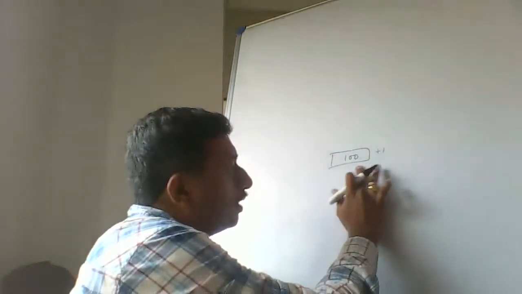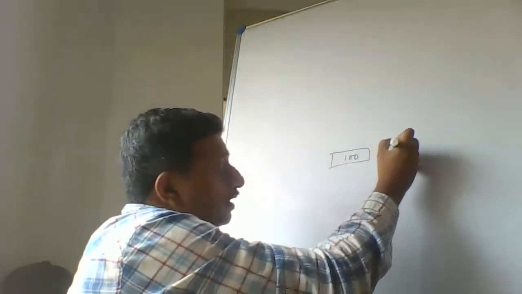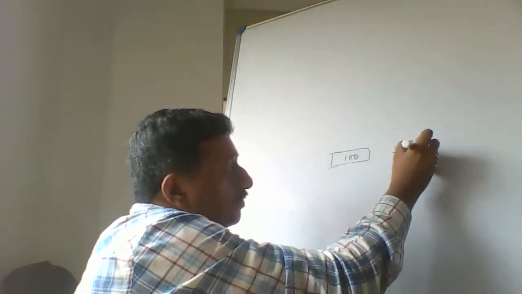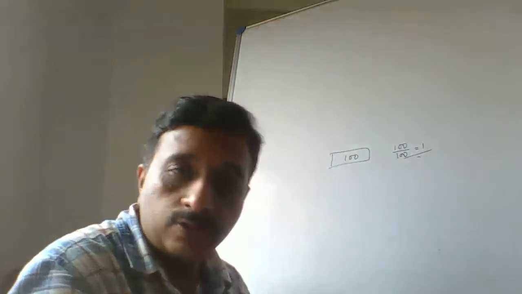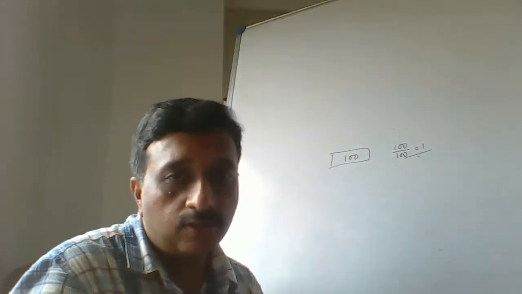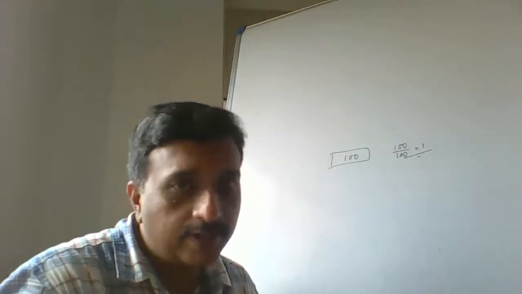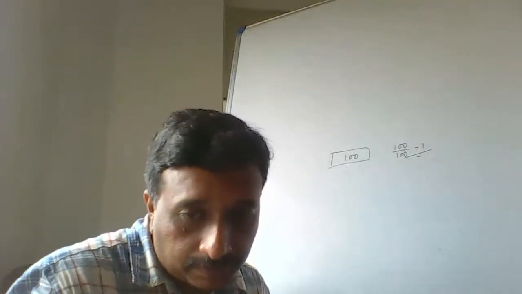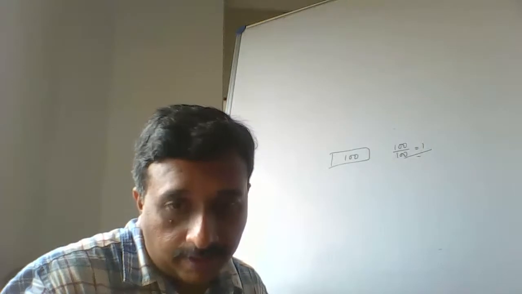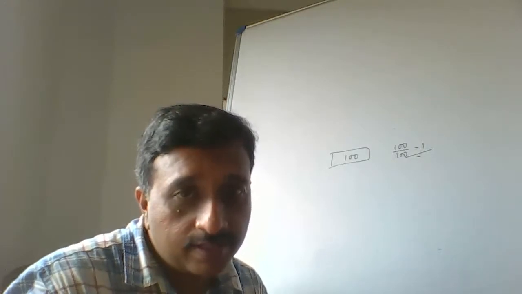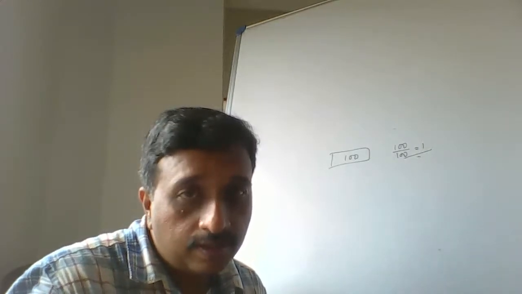So it cannot be more than one. 100% is 100. 100 divided by 100 is 1 itself. So I have given the answer to your query. Okay, we will move on to the next problem.